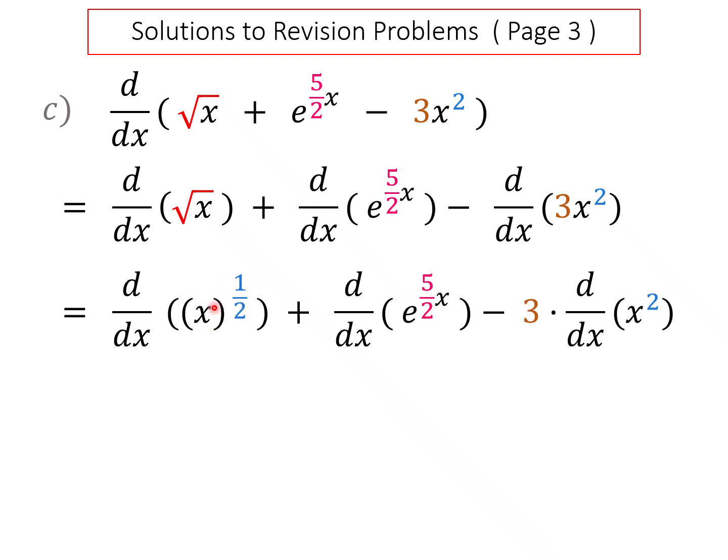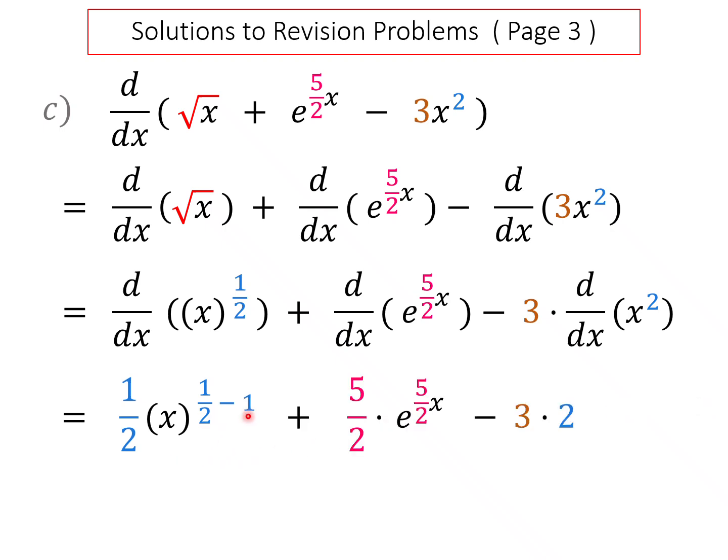Then only we can apply the formula. Here is nothing very new, we have already discussed it in a previous example. 3 into x square, so 3 comes out of d/dx of x square.